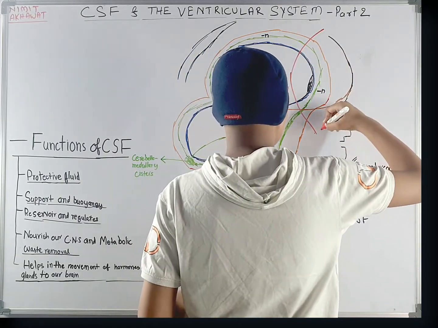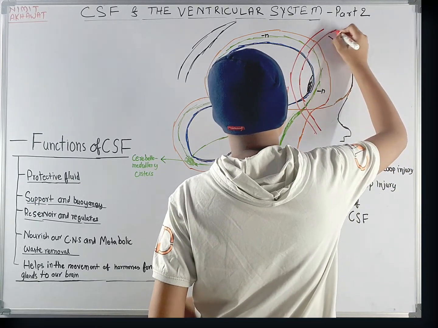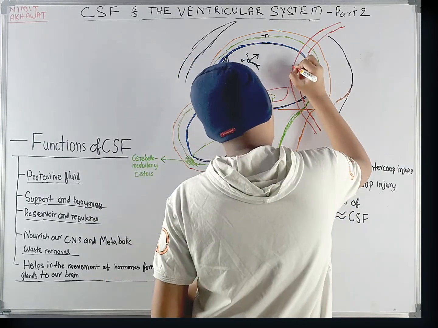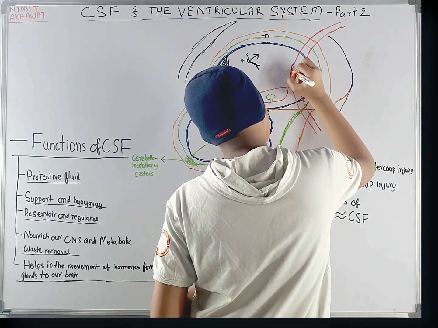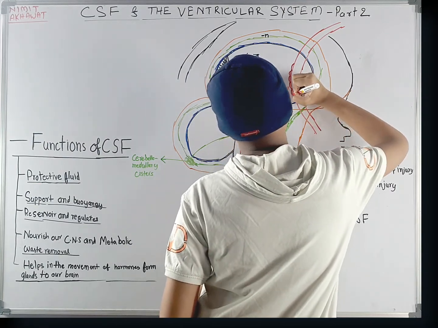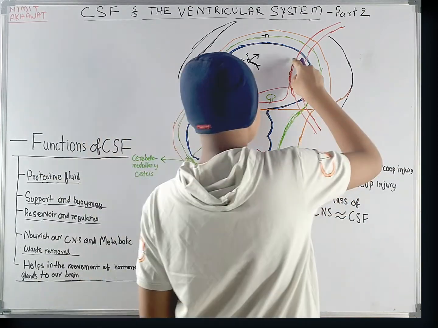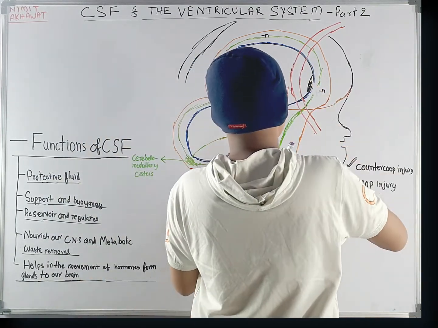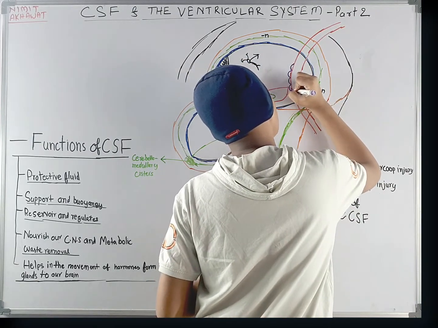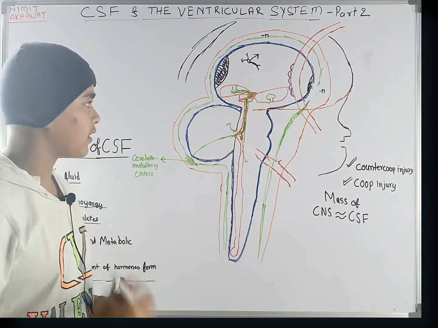For example, this is one artery supplying blood to our central nervous system. There is a layer of endothelium on the surface of this artery which only allows a few substances to move from our blood into the central nervous system.